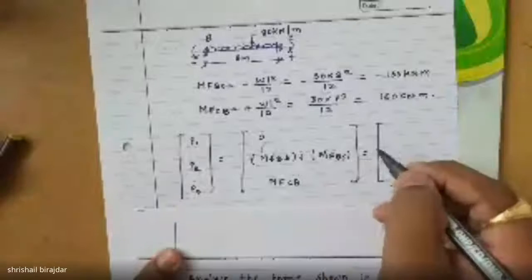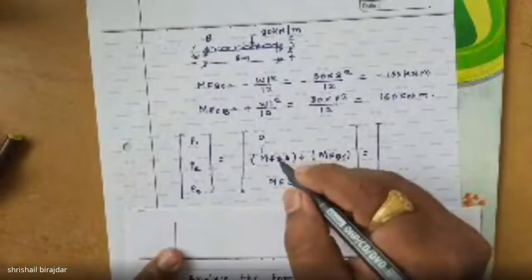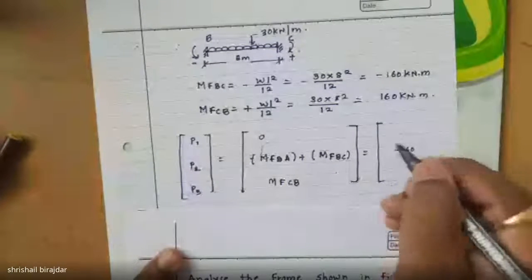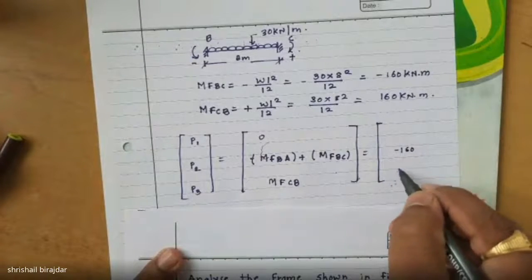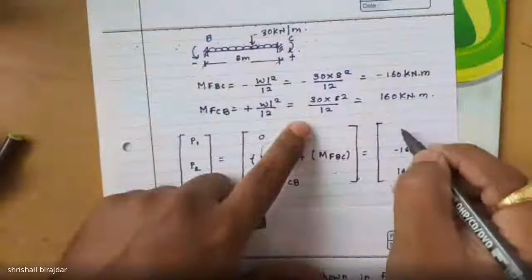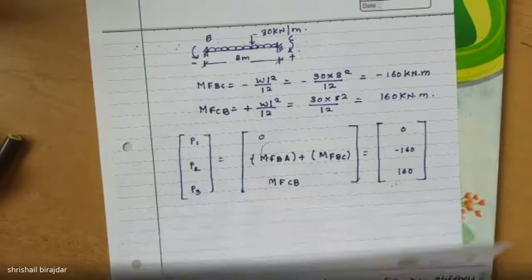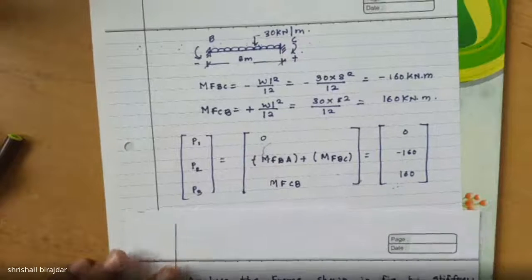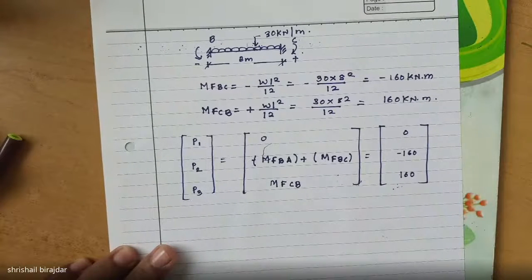BA is already 0 because no moment is available, you only have this MFBC, it is 160 minus 160 and here plus 160 and 0. Are you getting this P matrix? Please let me know. The only thing we are adding is the fixed end moment here.